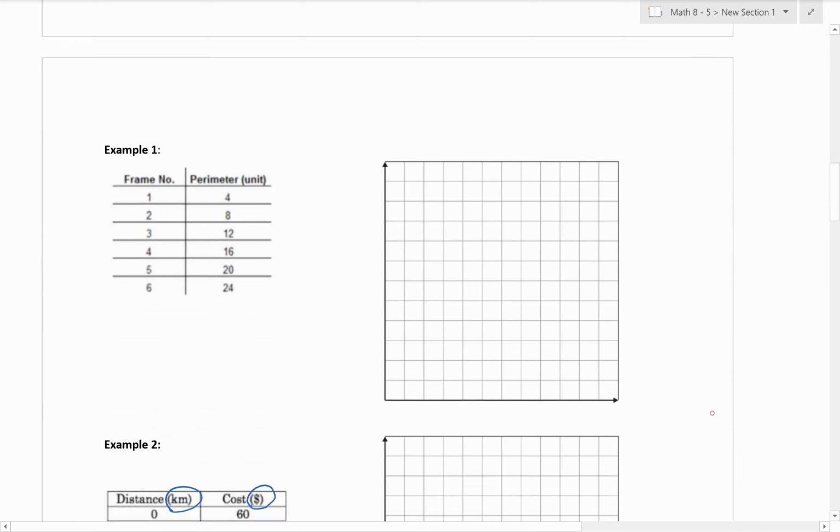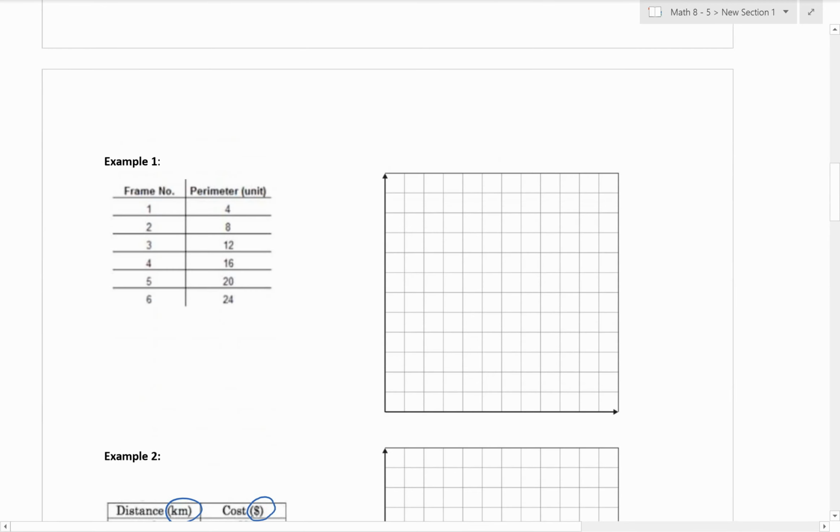Okay, so let's look at the first example that we have here. Again, this is what we call the table of values, because you can see it's shown in a table. We have frame numbers 1, 2, 3, 4, 5, 6. We have the perimeter. It does not really give us a unit here, so it's just 4, 8, 12, 16, 20, and 24.